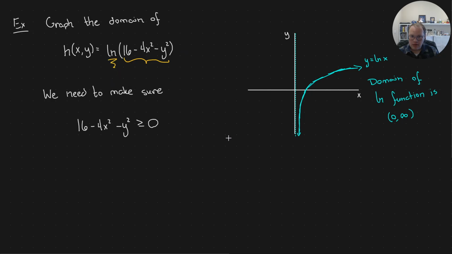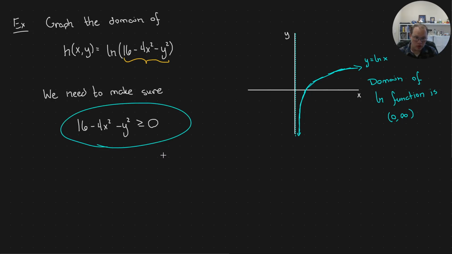All right? The natural log function will evaluate fine, and we will get an answer for our multivariate function here. Okay? But we need to make sure, because the domain of the natural log is non-negative, actually, not just non-negative, positive, 0 is not included. Okay? We need to make sure this holds true.